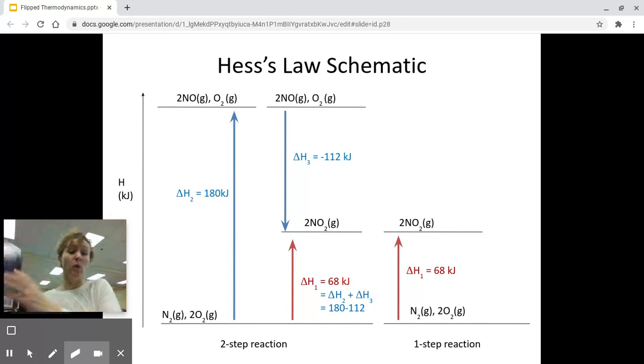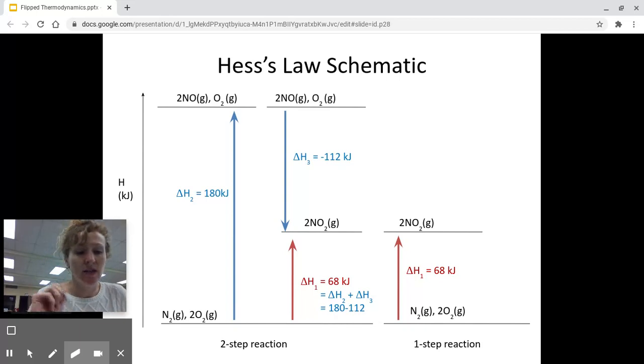Now, we're going to talk about what this means in the next couple days. But before we do that, I want you to walk through a couple exercises that will help you wrap your brain around this concept of enthalpy and enthalpy change in certain reactions.